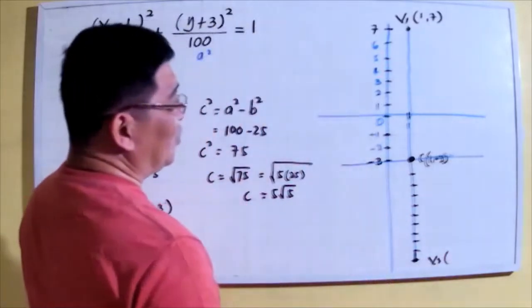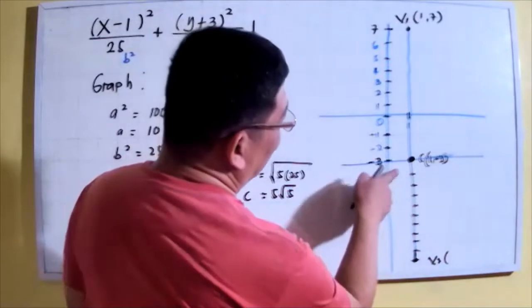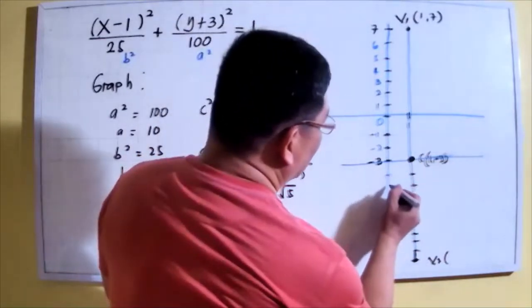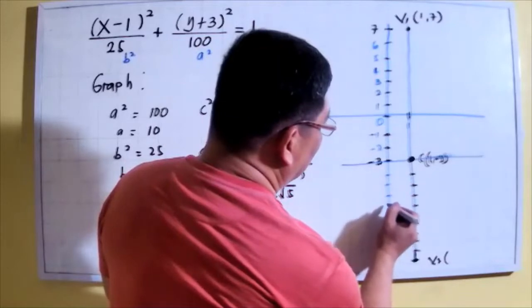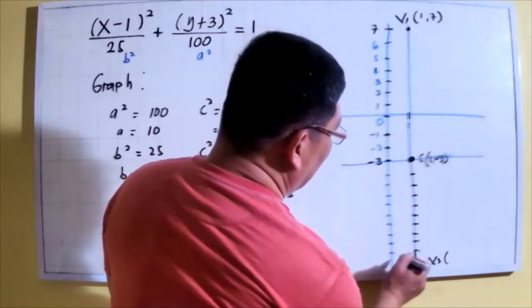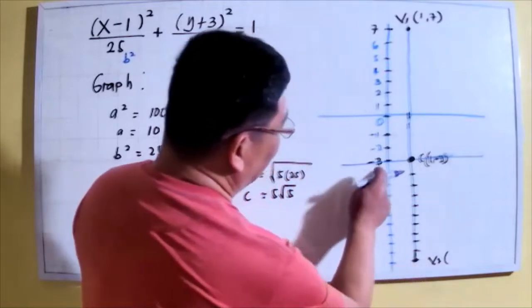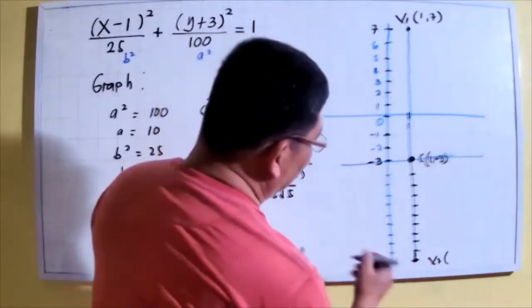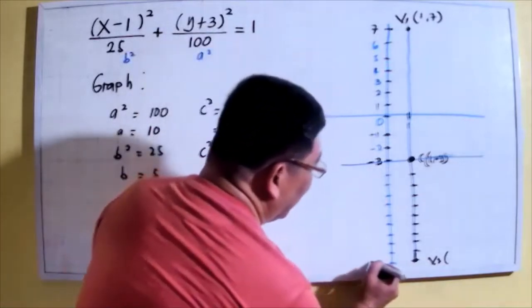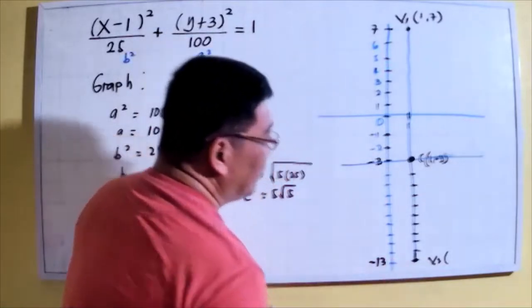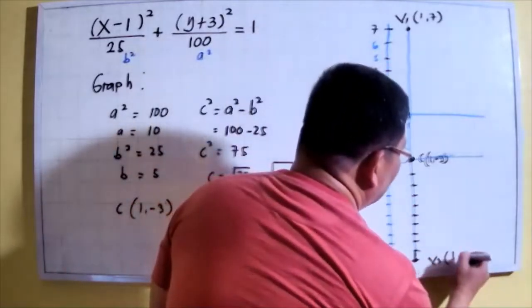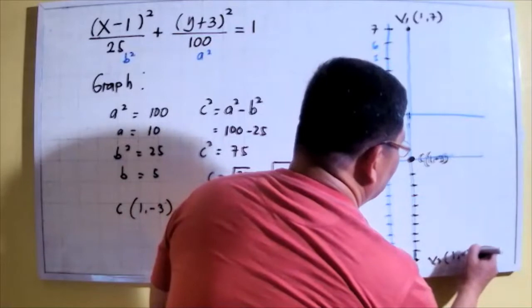So bilang tayo, 1, 2, 3, 4, 5, 6, 7, 8, 9, 10. So 10, 3 na galing dito plus 10, that is -13. So meron tayong coordinates ng V2 at (1, -13).